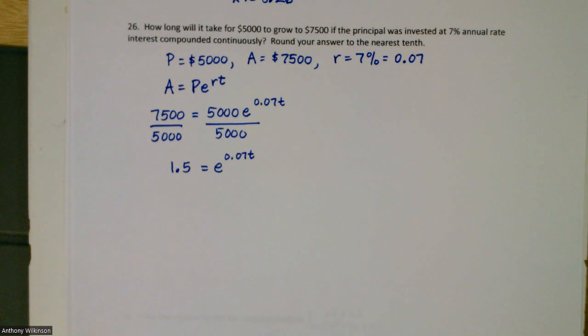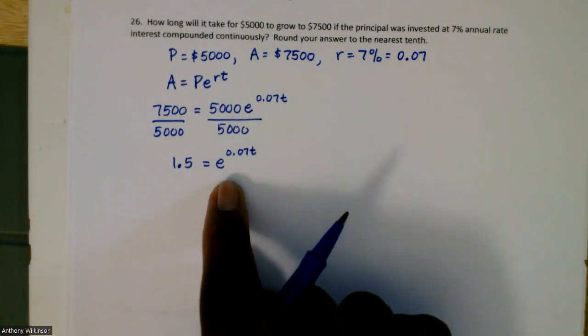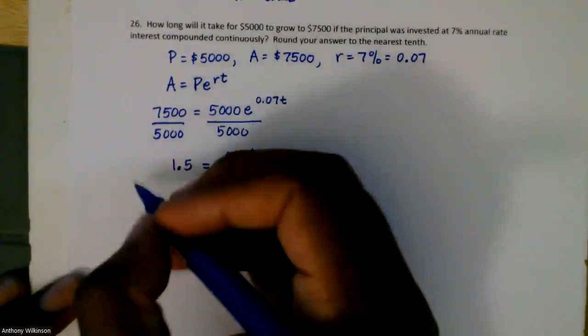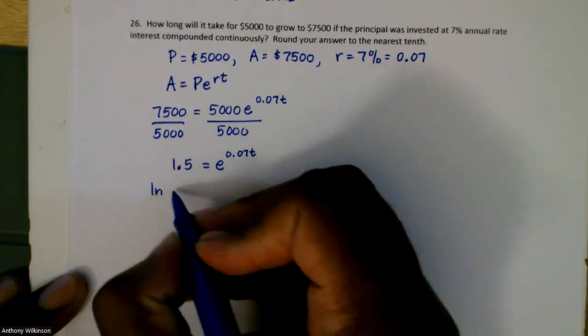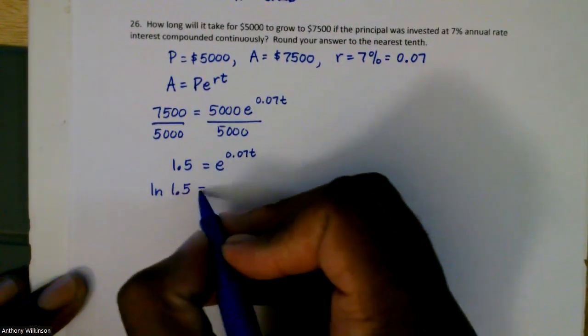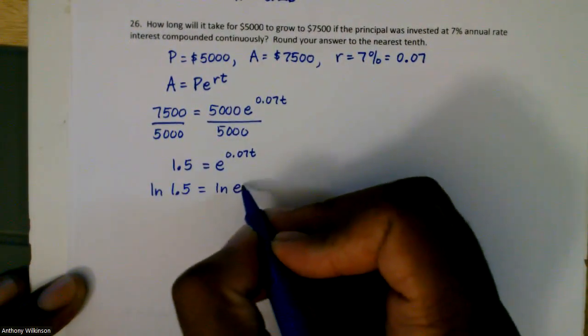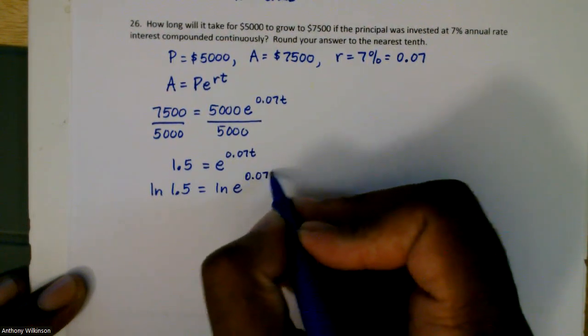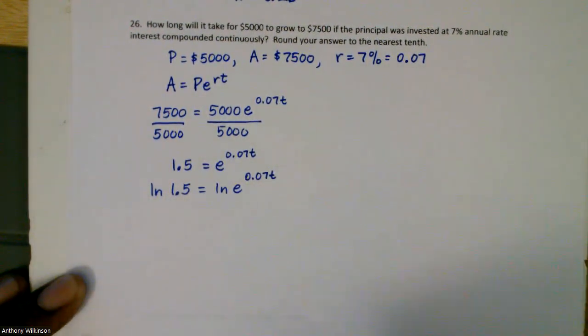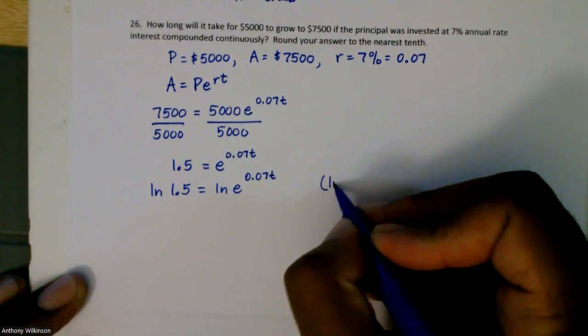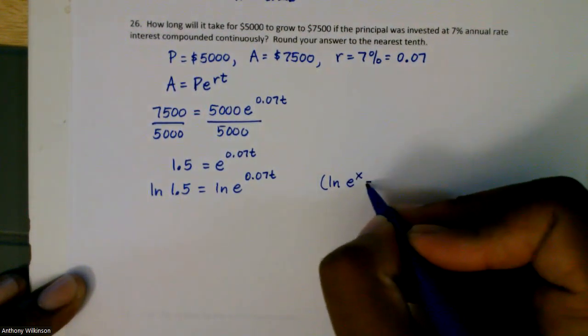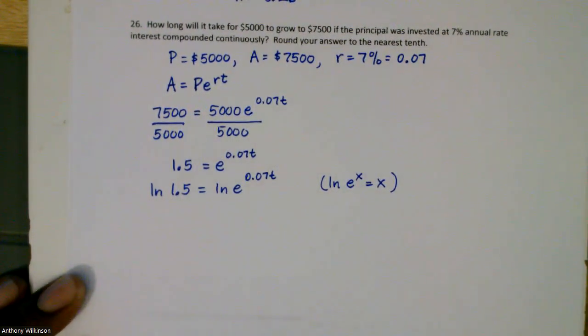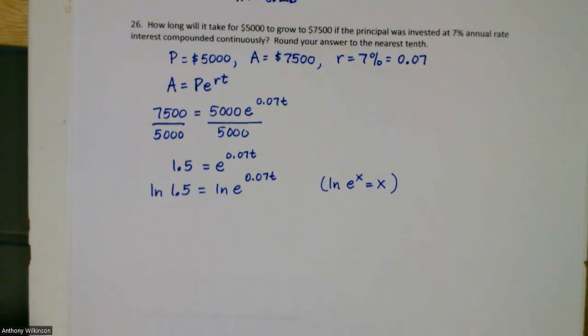Now, since this is an exponential equation, E and Ln are inverses of each other. So that means I need to take the natural log on both sides of this equation. And of course, there's a rule that says if you have Ln of E to whatever your exponent is, that's going to be your exponent, because E and Ln are inverses of each other.